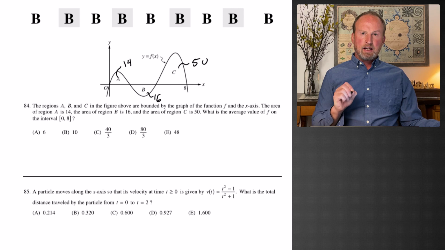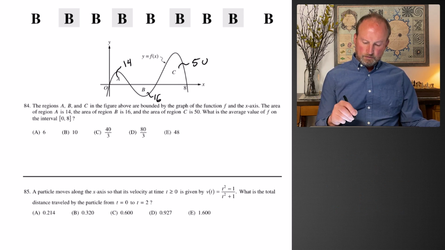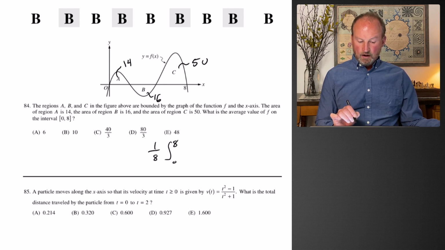Once again, can I rewrite verbal descriptions as mathematical calculus notation? Average value: 1 over b minus a. Well, b minus a would be 8 minus 0 in this case, times the integral from 0 to 8 of f of x.